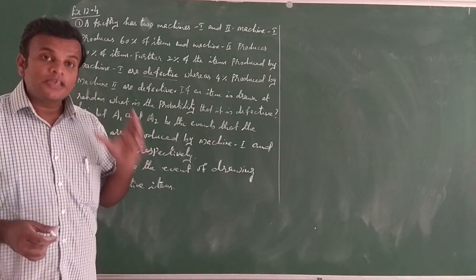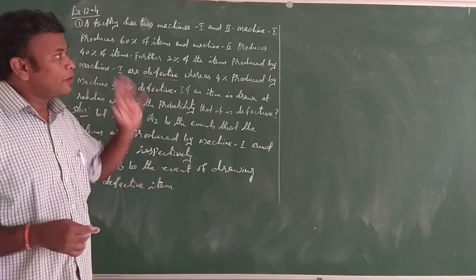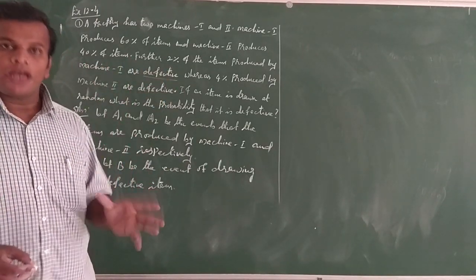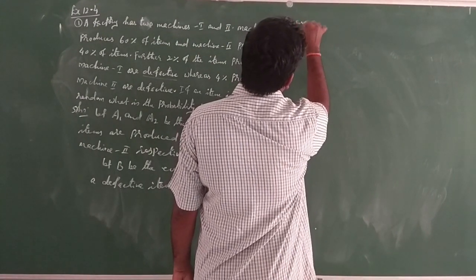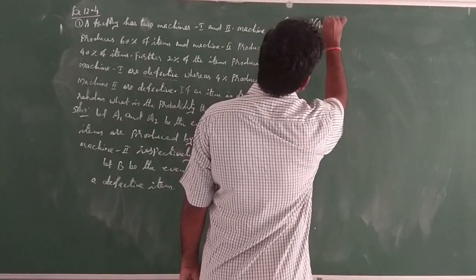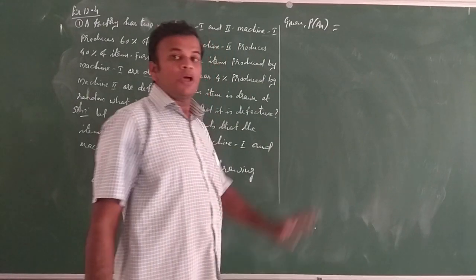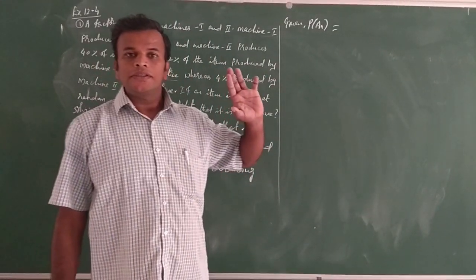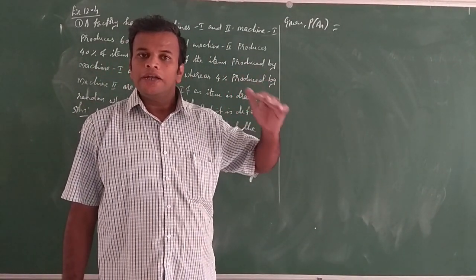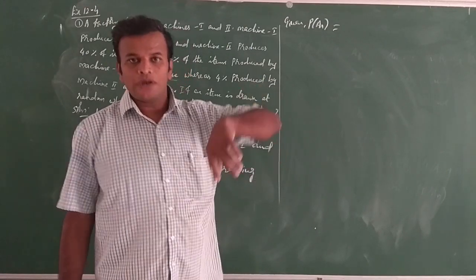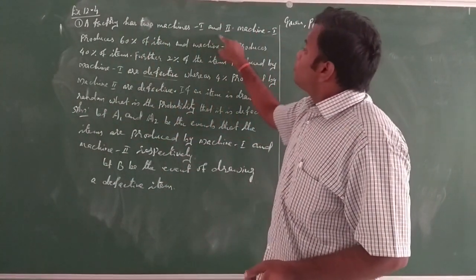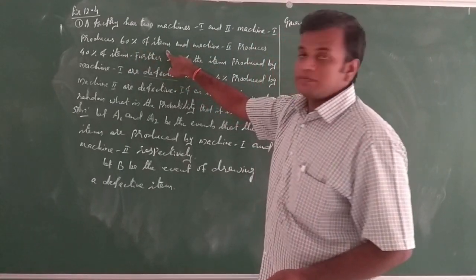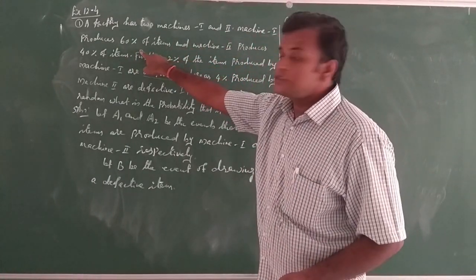And some values are given. Now we write the values. What are the values? P of A1 is given, where A1 indicates the item is produced by machine 1. What percentage does machine 1 produce? Machine 1 produces 60% of items.